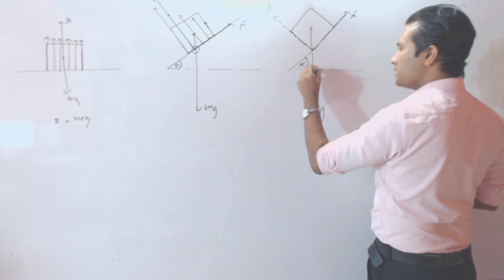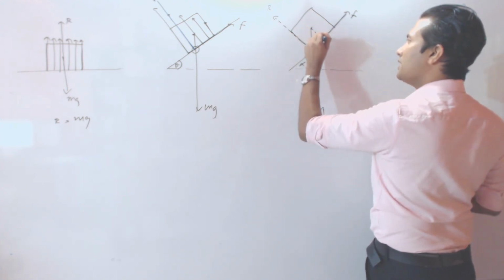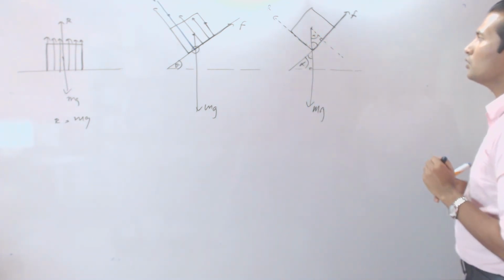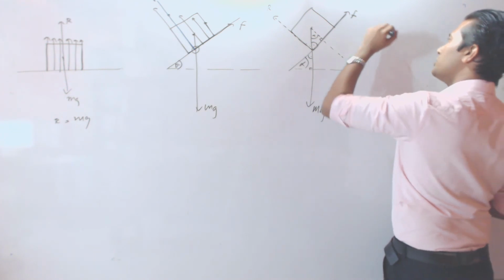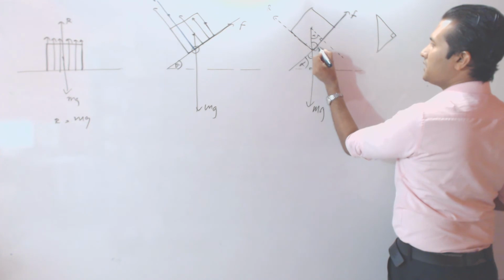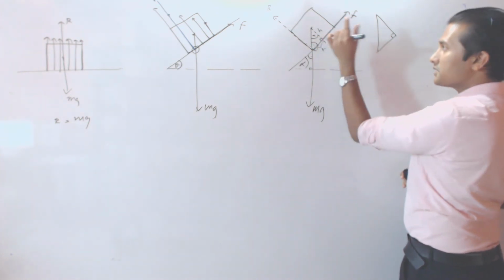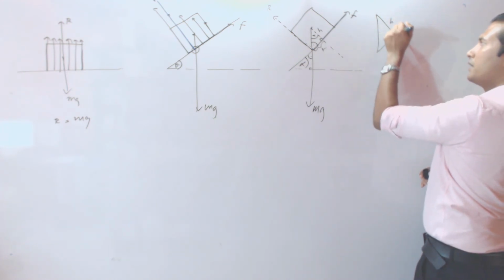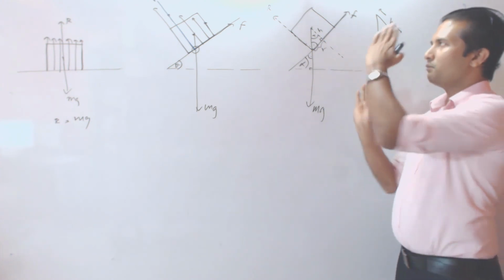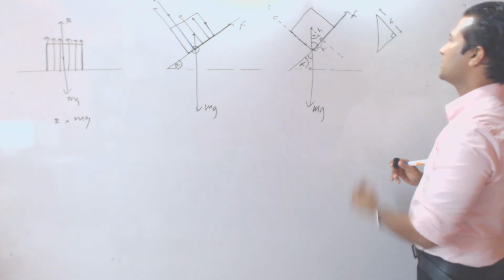So this is 90, this is 90 minus alpha, again 90 minus alpha, this is 90, this is alpha. Now we can consider the right-angled triangle just like this. This is the radius of the base and this is the height, the gap between the bottom and the center of gravity of the object.